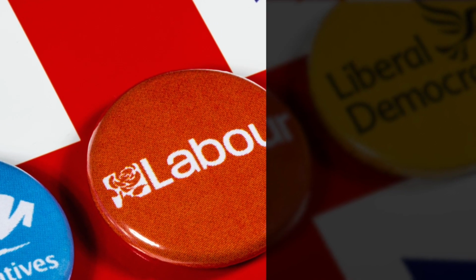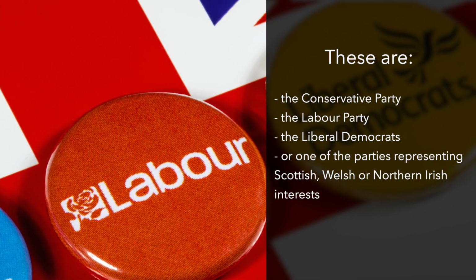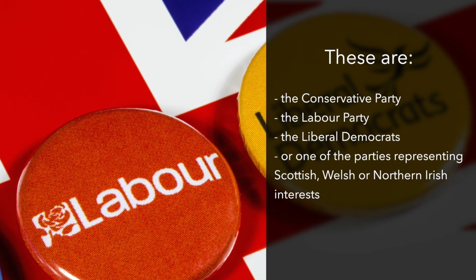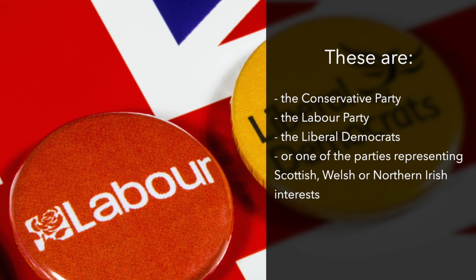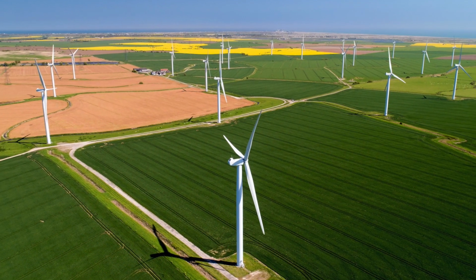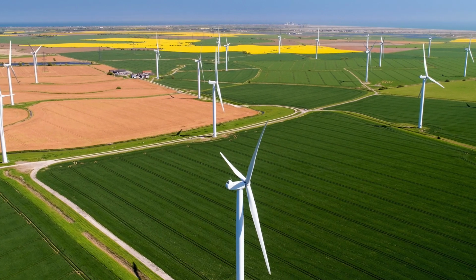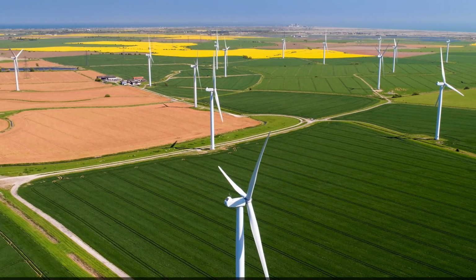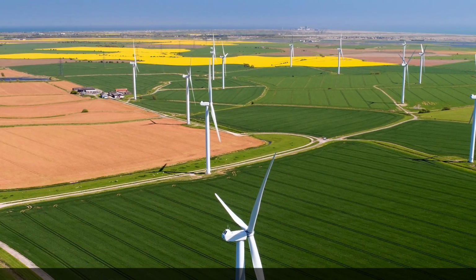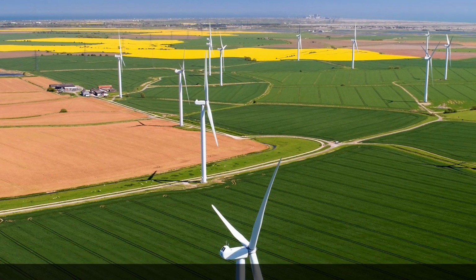These are the Conservative Party, the Labour Party, the Liberal Democrats, or one of the parties representing Scottish, Welsh or Northern Irish interests. There are a few MPs who do not represent any of the main political parties. They are called independents and usually represent an issue important to their constituency.